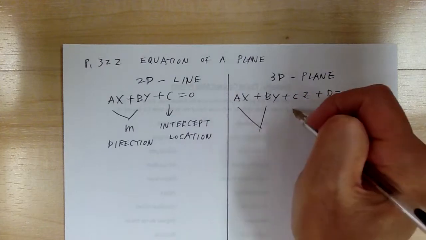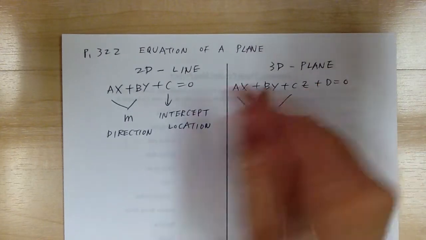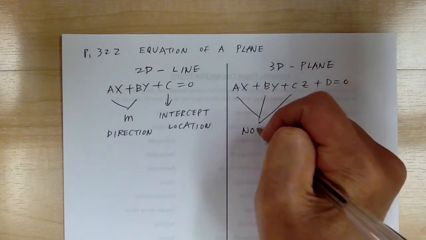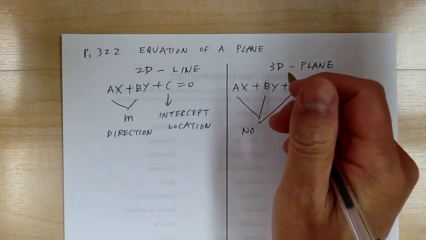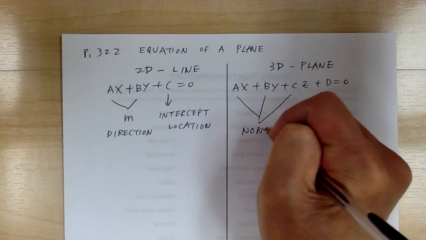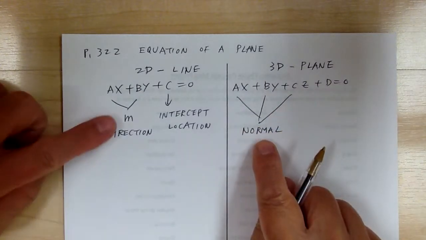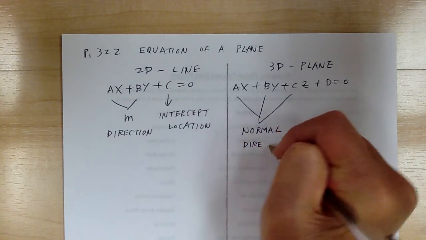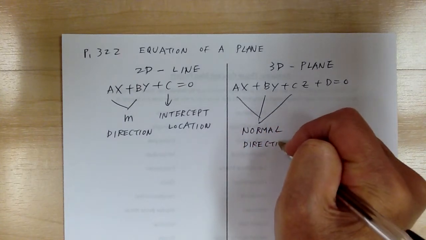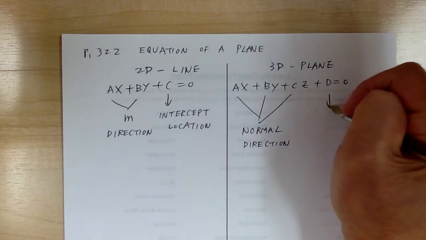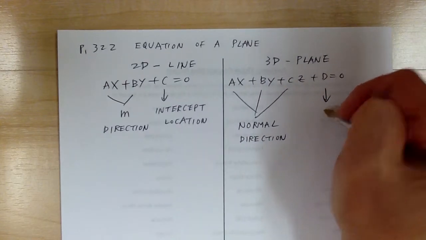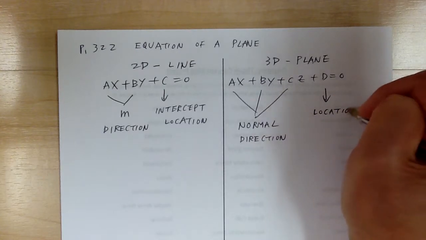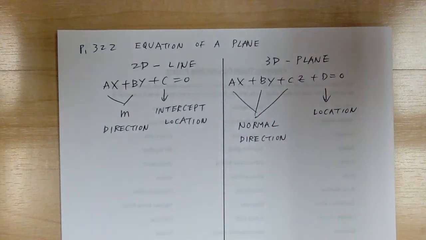So A, B, and C, instead of the slope, give you the normal. Normal is like a perpendicular direction, where the plane is facing. So the normal is just like the slope, the direction that the plane is facing, and d is the intercept. It gives you the location. So they are the same thing.